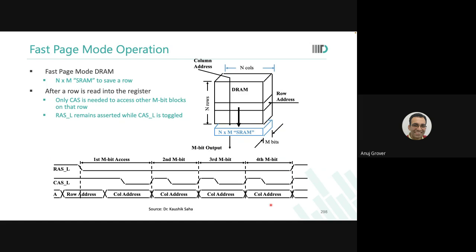This is the number of bits that we're talking about for the output. So you need an N cross M RAM. Because whatever your column bits are, suppose you have a 512 cross 512 block, then 512 will be N, and if your DRAM word is 16 bits, then M will be 16. Is that okay?